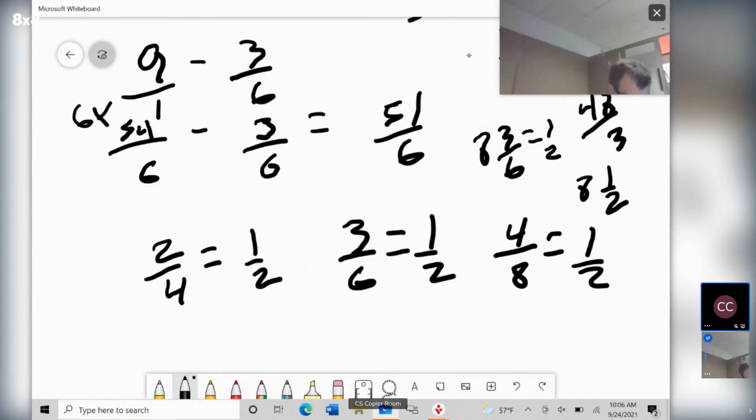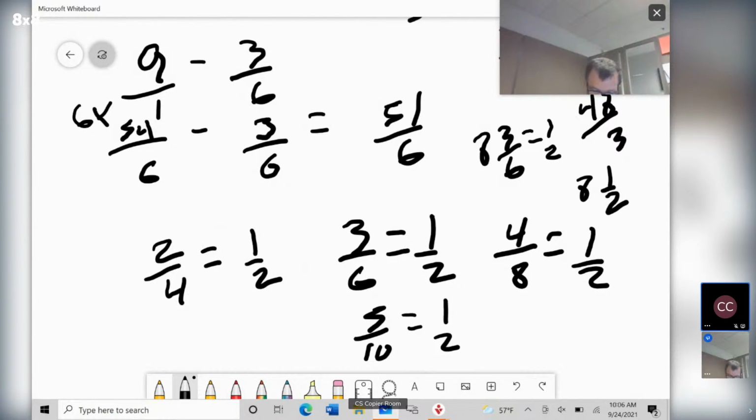And this, we're just dividing 2 out. We're dividing 3 out. We're dividing 4 out. If we do 5/10, we're dividing 5 out. These fractions are all exactly the same. They're all 1/2. Sometimes it's going to ask you to simplify down to the smallest fraction we can get.